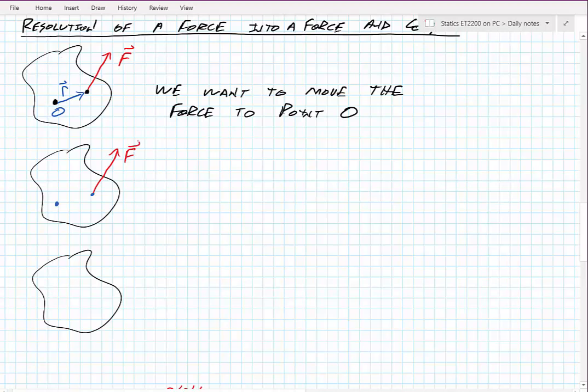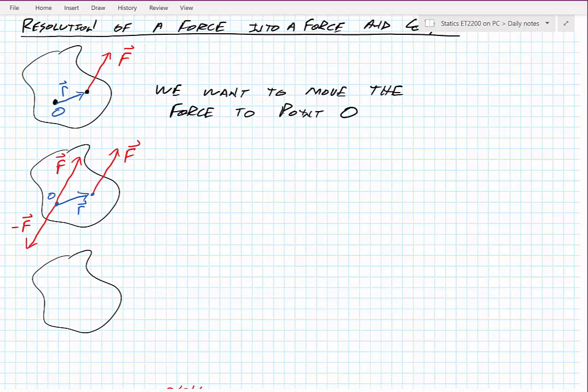So I'm redrawing the exact same scenario there, and I'm just going to add the same magnitude, same direction force where I want it. In order to do that, I have to add one that is equal and opposite. So this would be a negative F going the other direction. So I haven't actually altered my object, meaning if this object originally had some kind of force pushing it up and to the right, we still have the same magnitude of force pushing it up and to the right, because those other two forces are canceling each other out.